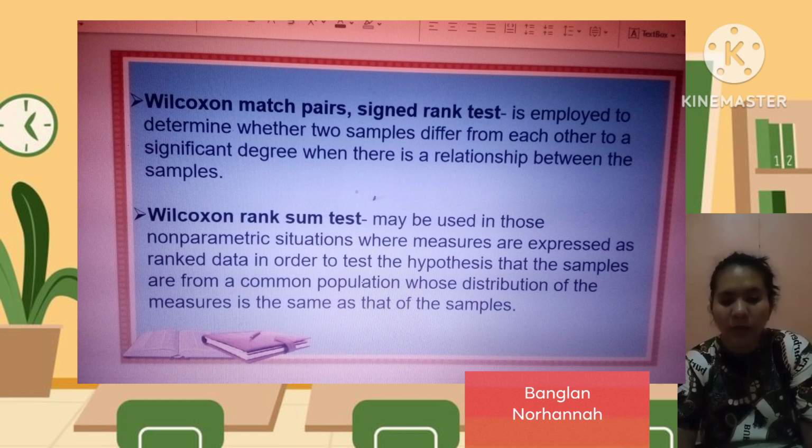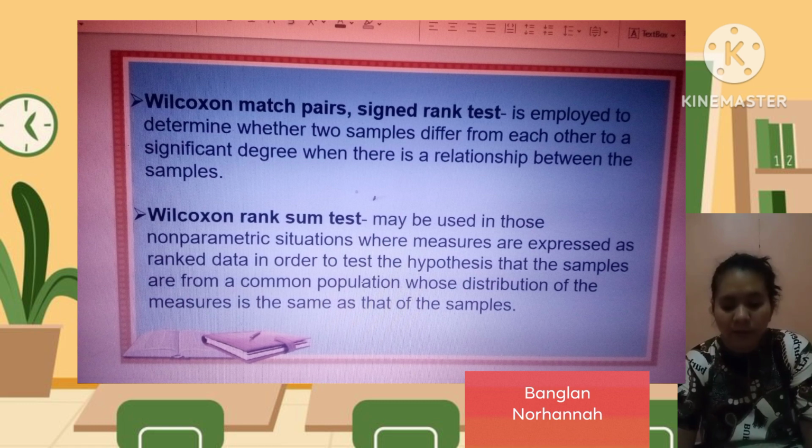It is commonly used when the data is not normally distributed or when the data is measured on an ordinal or interval scale and cannot be assumed to follow a specific distribution. The test is used to determine whether there is a significant difference between the distributions of the two samples.